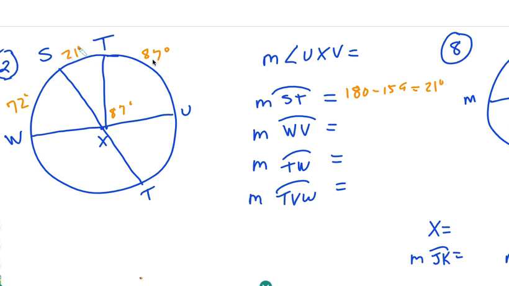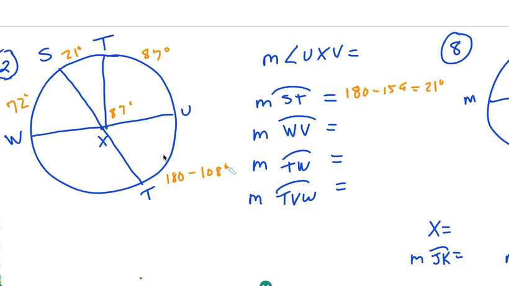Okay. Now you'll notice that I need to have arc UT. Again, we're working with another diameter, goes through the center. So this arc is going to be 180 minus 108. I got the 108 by adding 87 and 21.